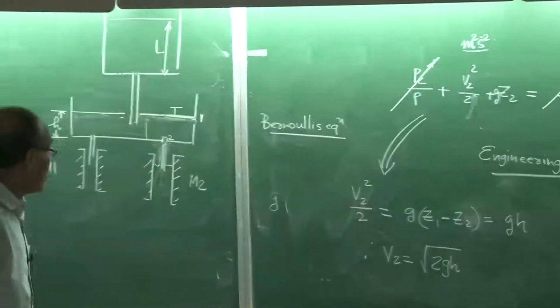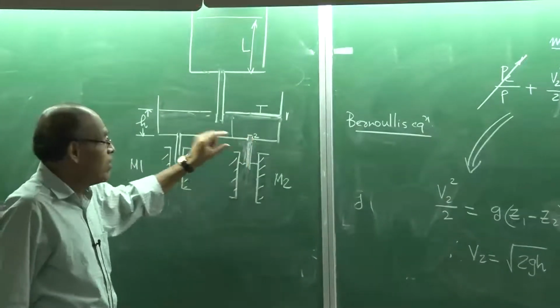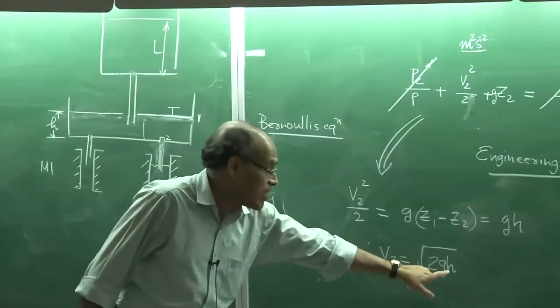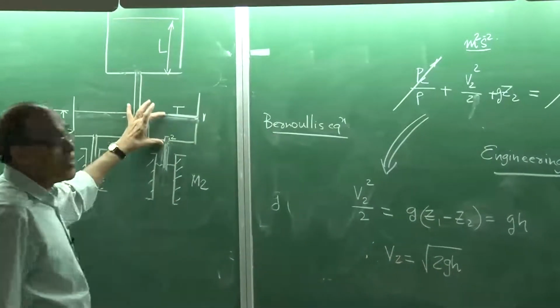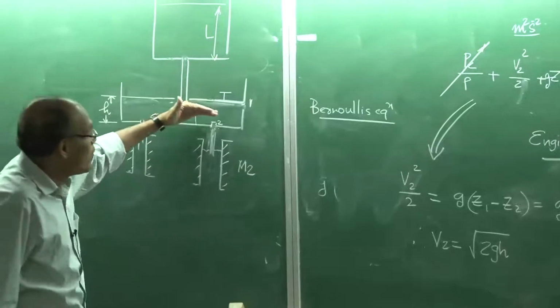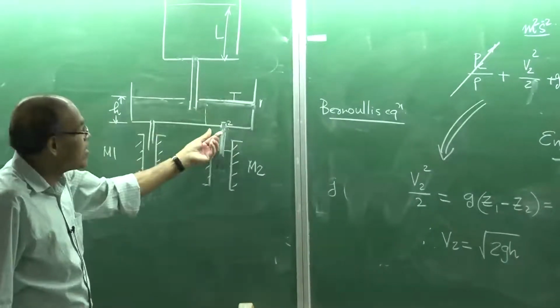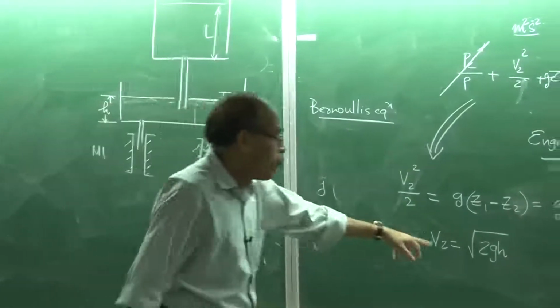So, that is what I was making, that the velocity through the orifice is directly dependent on the square root of the head. Whatever is the position of the interface, that will dictate it for a given diameter.